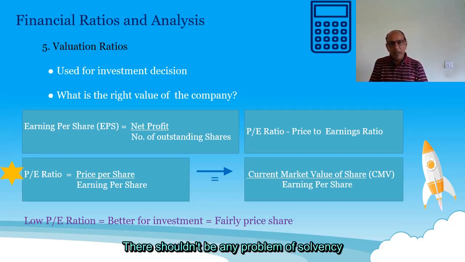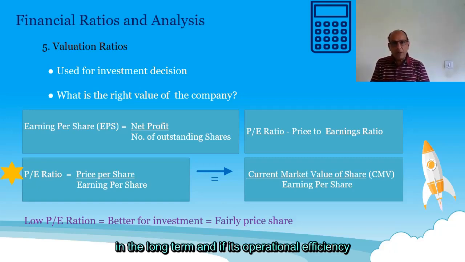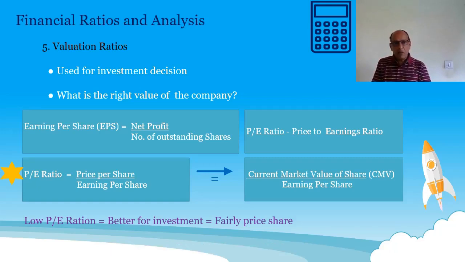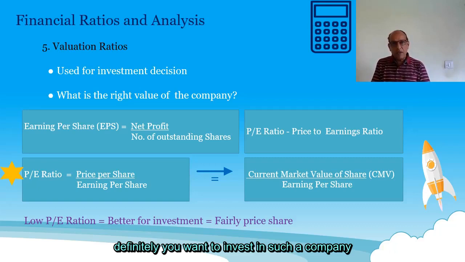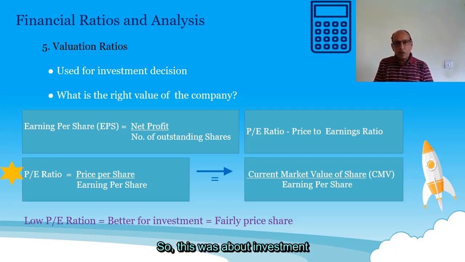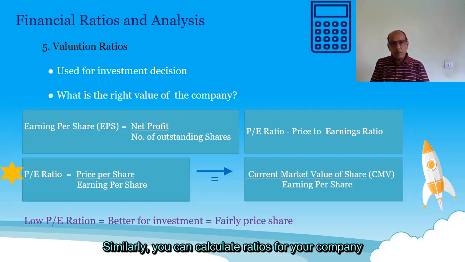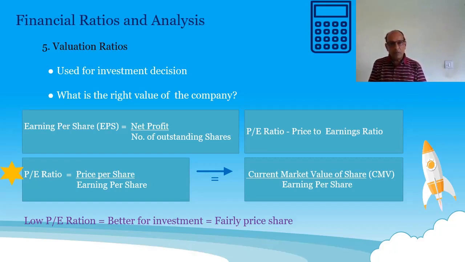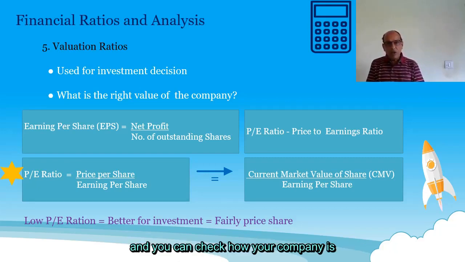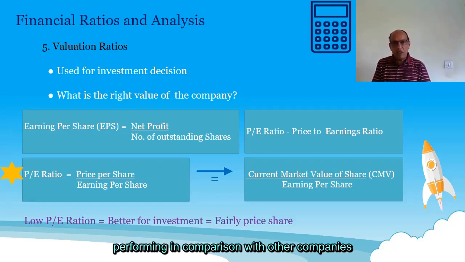There shouldn't be any problem of solvency in the long term, and if its operational efficiency and valuation are good and PE is low, then definitely you want to invest in such a company. So this was about investment. Similarly, you can calculate ratios for your company and you can check how your company is performing in comparison with other companies.